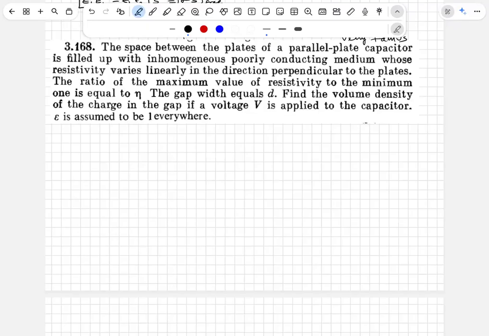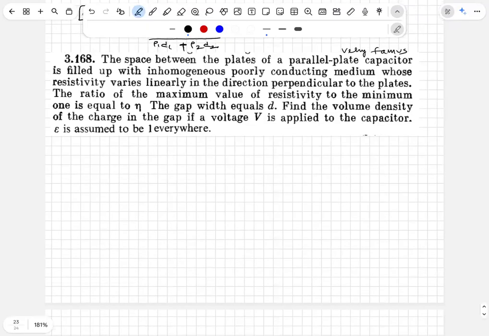Very simple. The space between the plates of a parallel plate capacitor is filled up with an inhomogeneous, poorly conducting medium whose resistivity varies. Resistivity, not resistance. Resistivity varies linearly in the direction perpendicular to the plates. So for this purpose, I am assuming it is linearly varying. One more important point is the maximum by minimum value is given as eta. So suppose it is rho 1, and the end portion is rho 2, you will write this as rho equals rho 1 plus (rho 2 minus rho 1) by L times x.